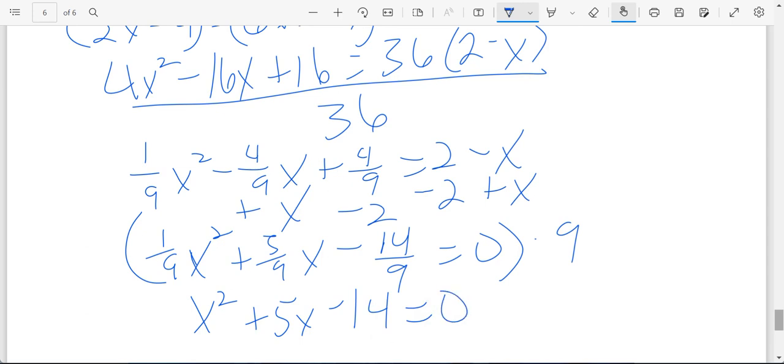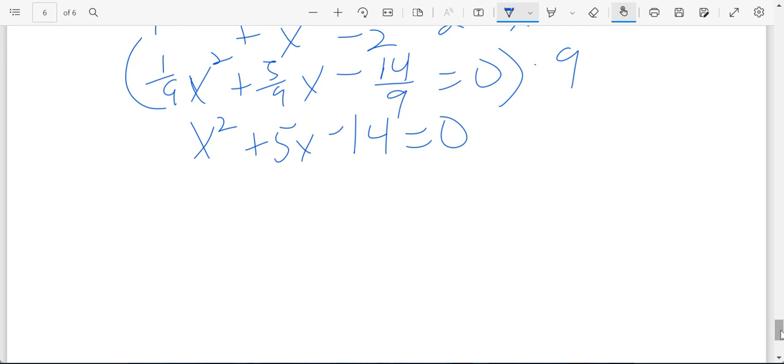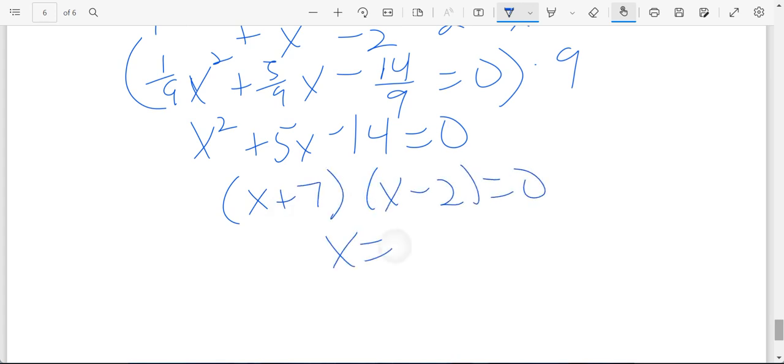See how much nicer that is? Because 0 times anything is 0, so now we can actually factor this. Factors of negative 14 that add up to positive 5 would be x plus 7 and x minus 2. So your answer is going to be 2 and negative 7, but don't forget what we got to do.